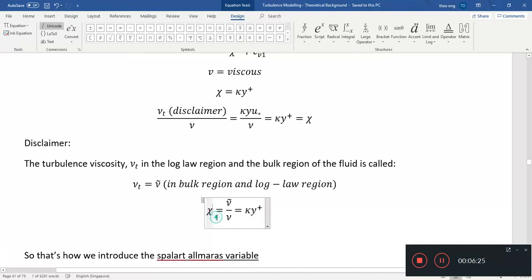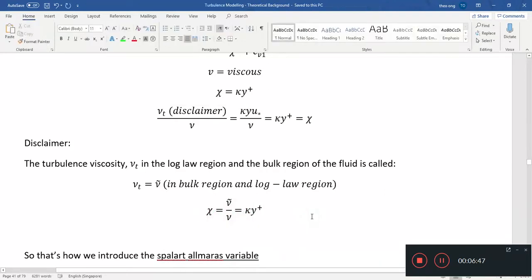Chi is defined as kappa y plus, but since in the log law region the turbulence viscosity nu tilde is actually kappa y u star, it will equal chi in the log law region. So this only holds in the log law region.